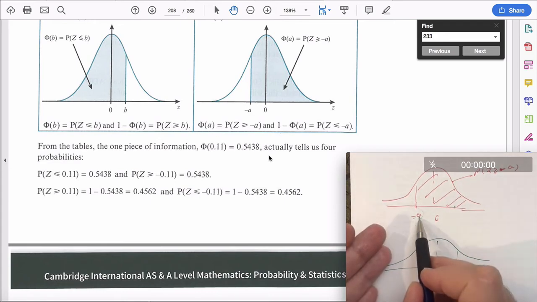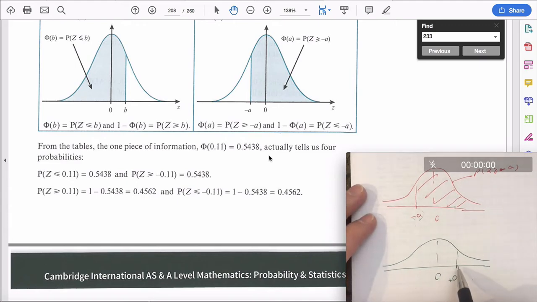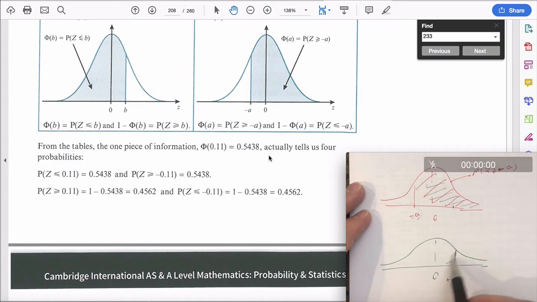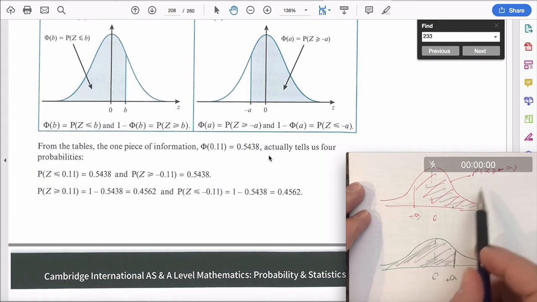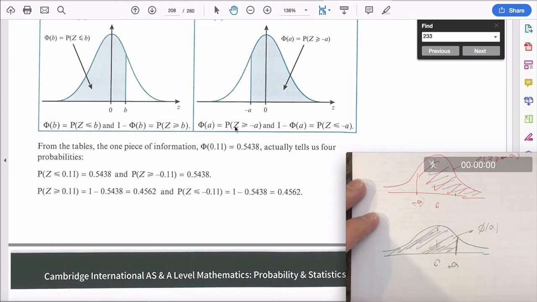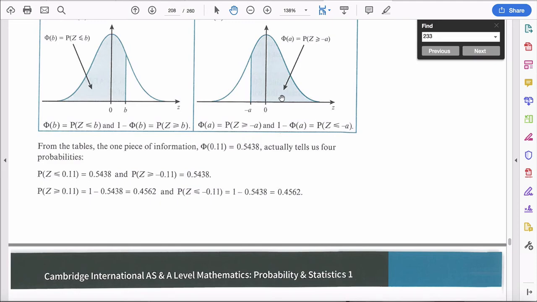For example, if it is negative 1.7, I make it positive 1.7. But this region, which is asked here, is the same as this region. So probability of z greater than negative a is the same as phi of a. Look at the diagram. If we are looking for probability of z greater than negative a, it will be 1, as you see here. It will be phi of a. Probability of z greater than negative a is exactly phi of a.